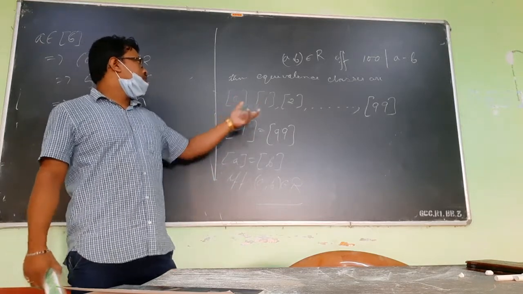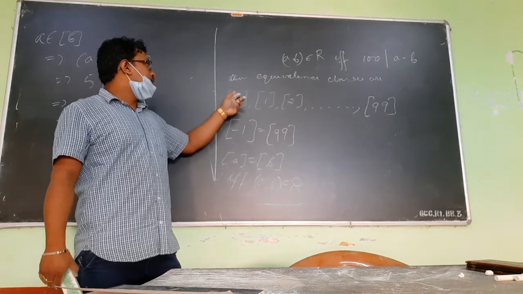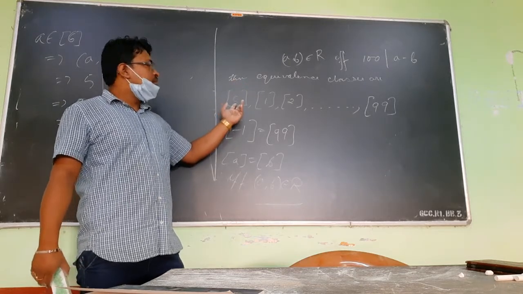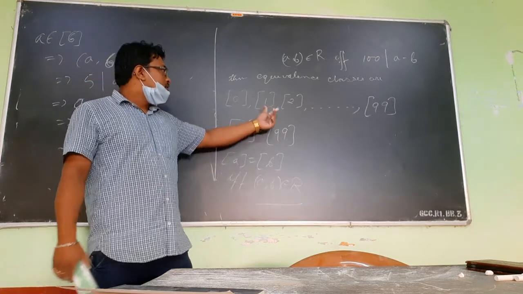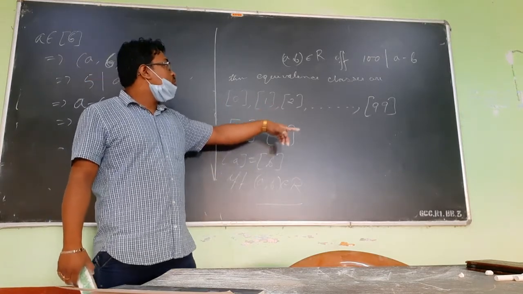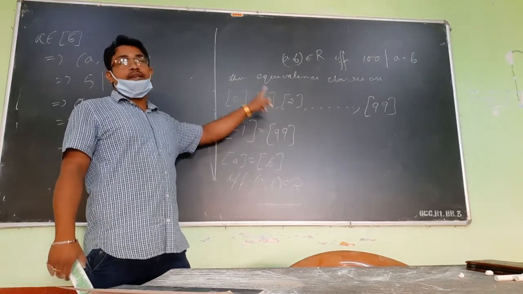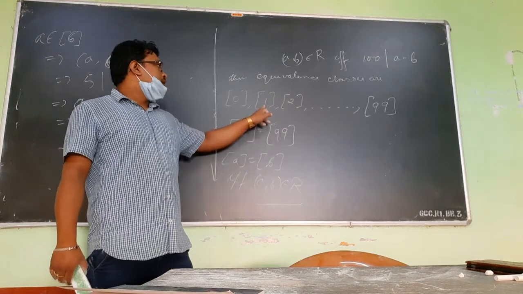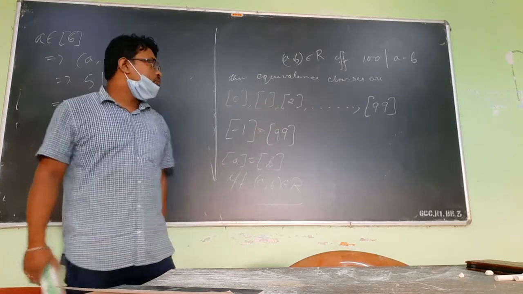Suppose you know your friend, or say a WhatsApp group. If you are very well known to each other, you can be inside the same WhatsApp group. Something like that. 1 is related to 101, so 1 and 101 are in the same group. Then add another 100, 201 is in the same group.